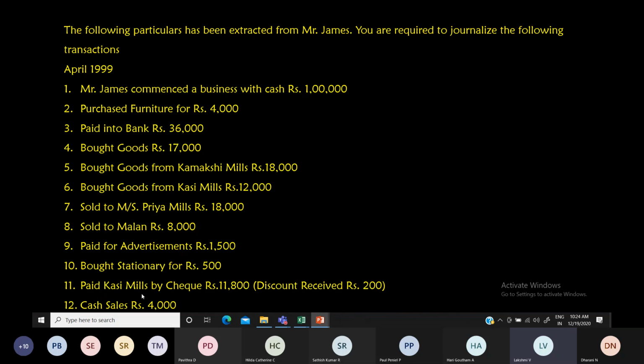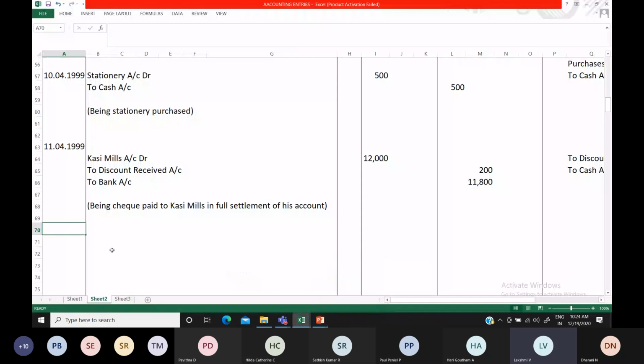And next, what is the next transaction? Cash sales, 12th. Cash sales rupees 4,000. This is very easy. Sold goods for cash: cash account debit to sales account credit. If they give cash sales in the question, it is cash account debit to sales account.